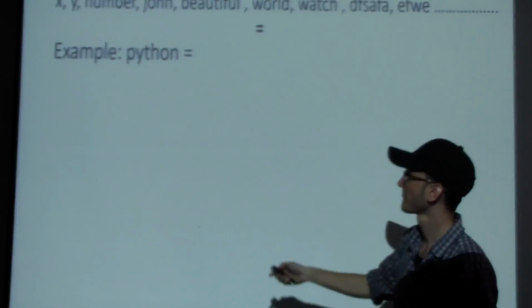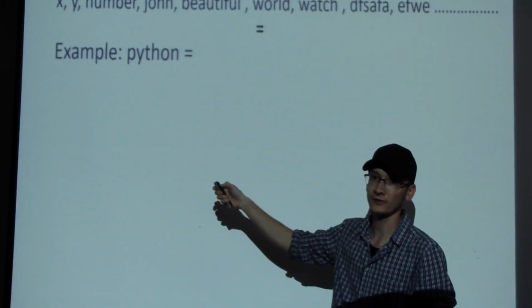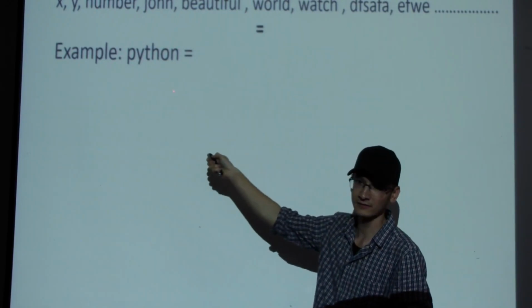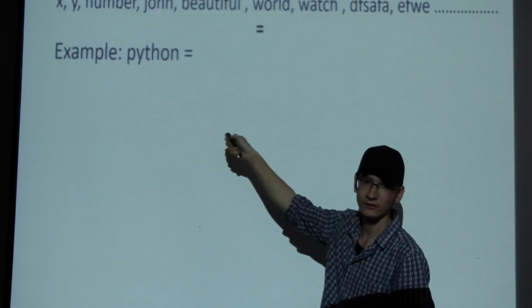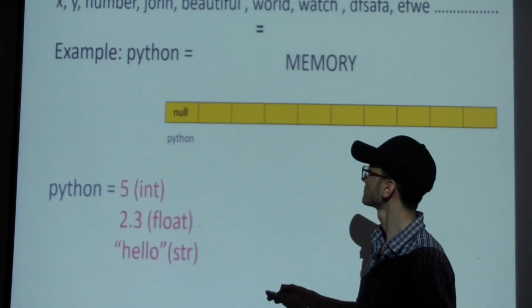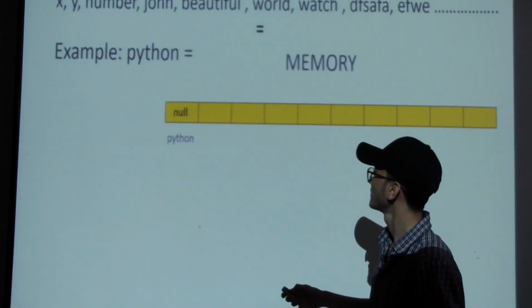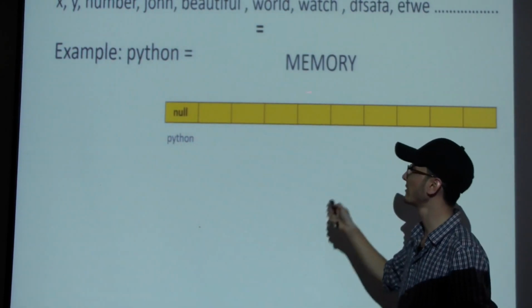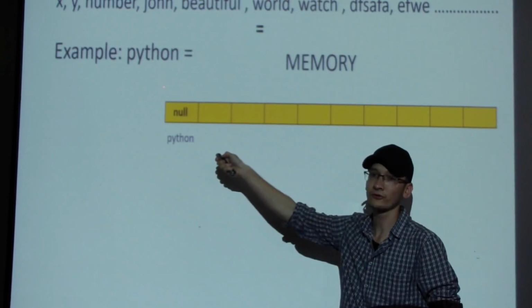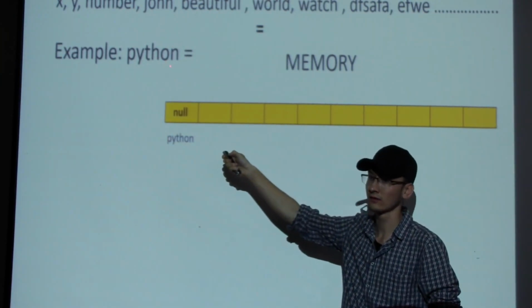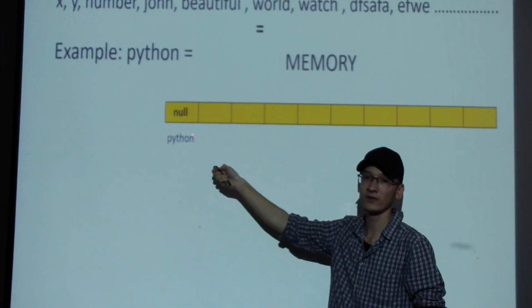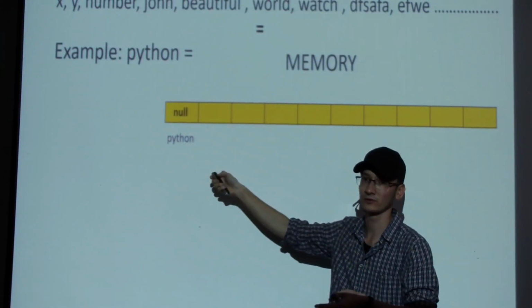For example, now we are going to create a Python variable. I just wrote Python and I added equal to it. If you look at the memory of the computer, when we create any variable, some place in the memory will be allocated to this variable.